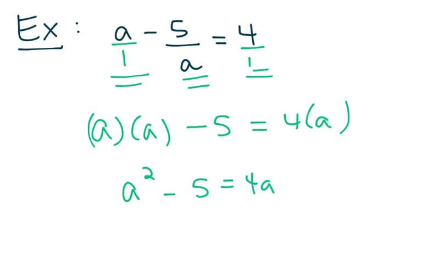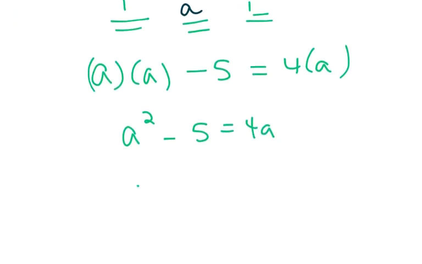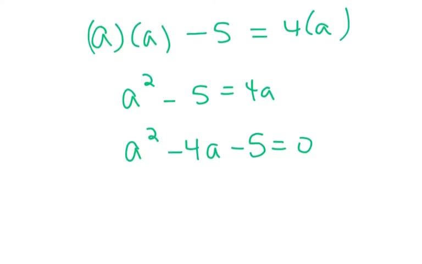It's a quadratic, so we're going to set it equal to 0. A squared minus 4a minus 5 equals 0. Since it's a simple trinomial, I bet it can be factored. The two numbers that multiply to give you -5, but add to give you -4 are going to be -5 and +1.